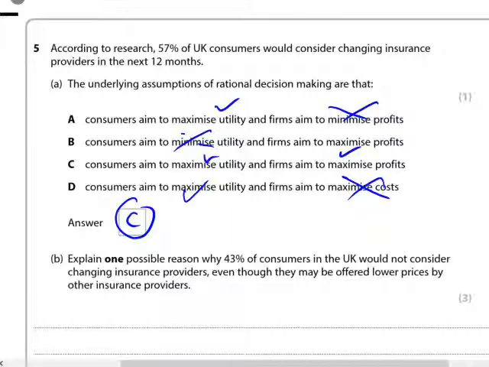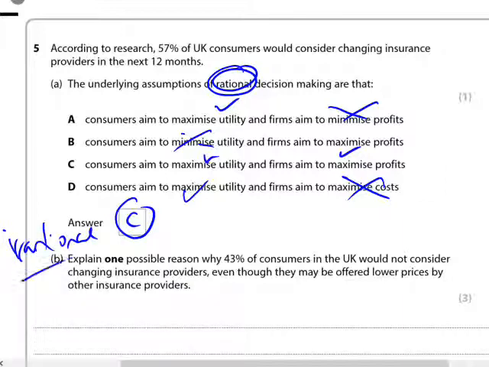Explain one possible reason why 43% of consumers in the UK would not consider changing UK insurance providers, even though they may be offered lower prices by other insurance providers. It's mentioned rational behaviour here, so you're looking for reasons linked to irrational behaviour.